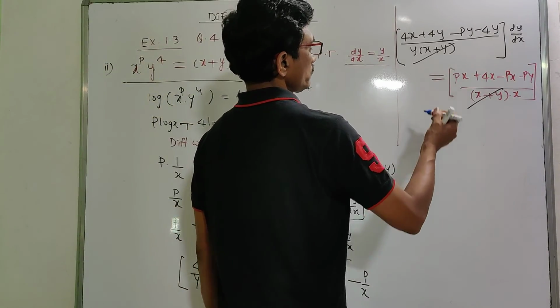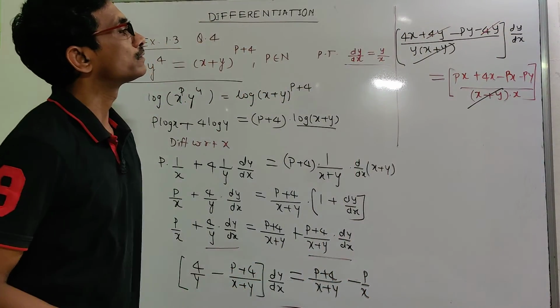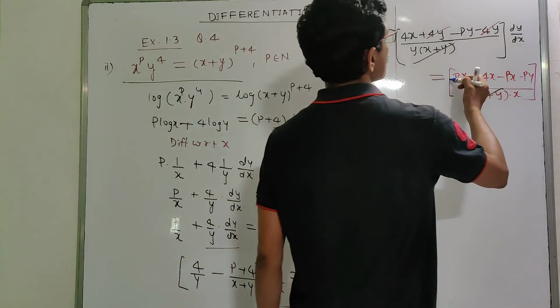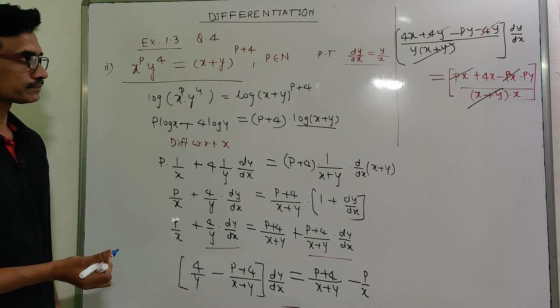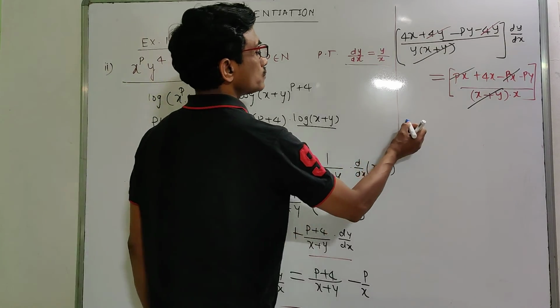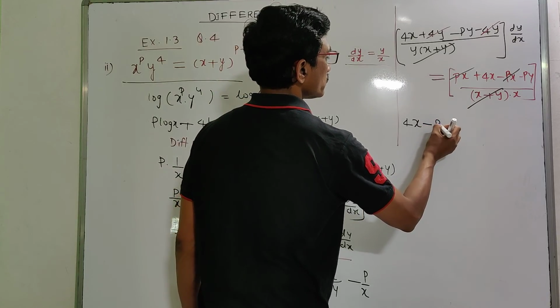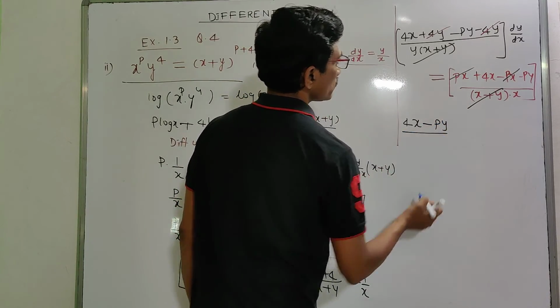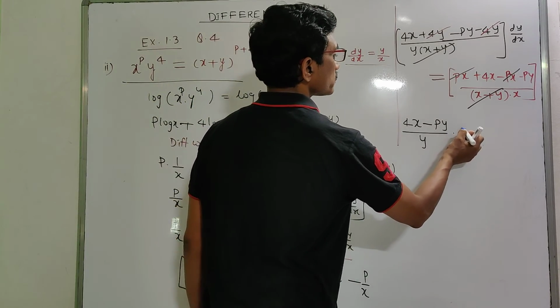Then 4y and 4y get cancelled. px minus px gets cancelled. Then what is left? In the left hand side, (4x minus py) upon y into dy by dx.